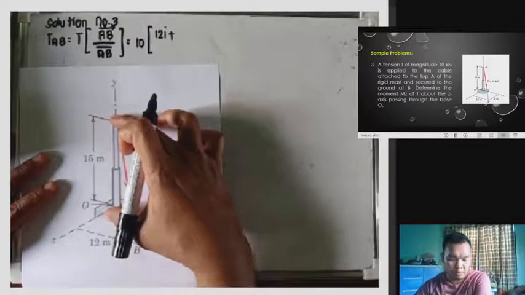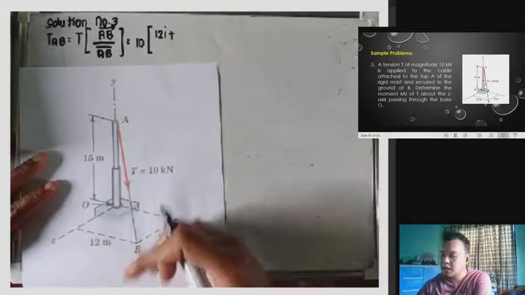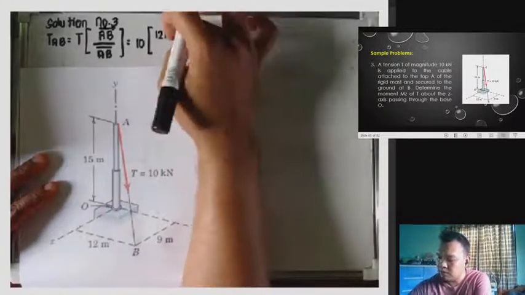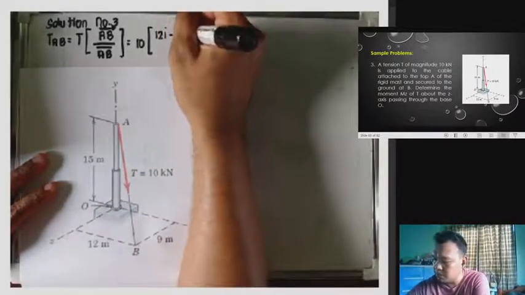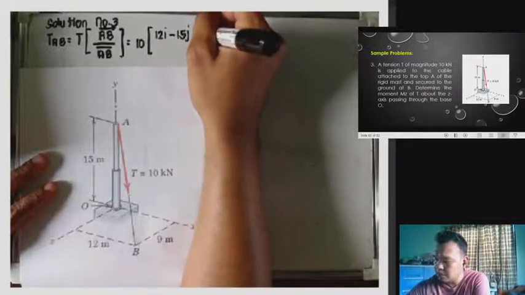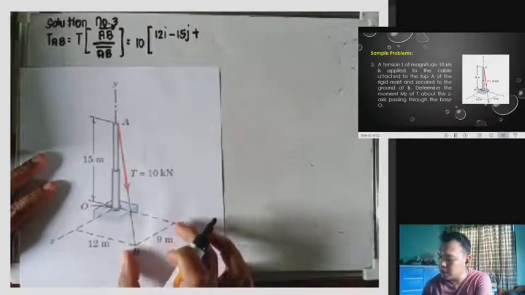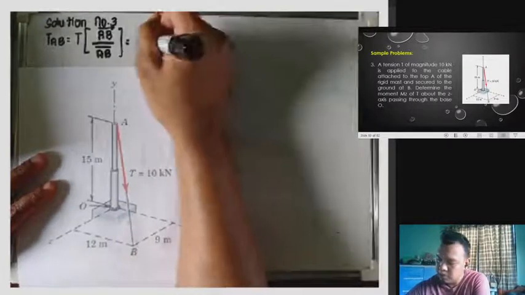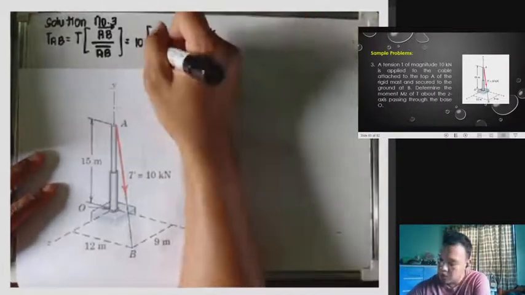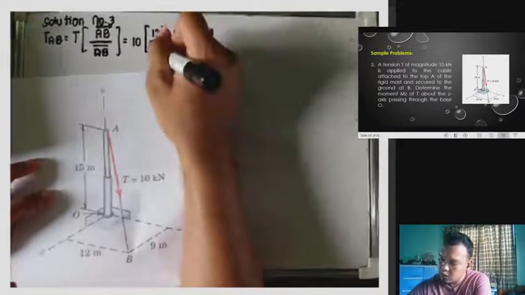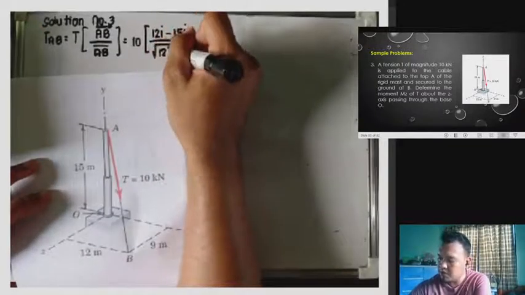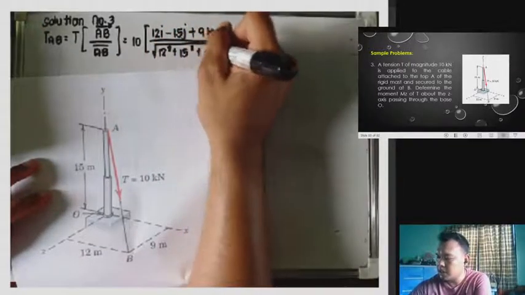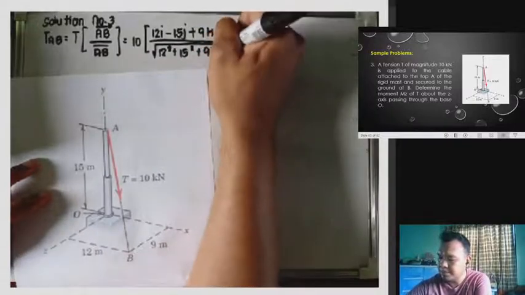So since galing siya sa taas papunta sa baba, so negative po yung value ng J natin. So negative 15J plus yung Z natin which is 9K all over square root ni 12 squared plus 15 squared plus 9 squared.